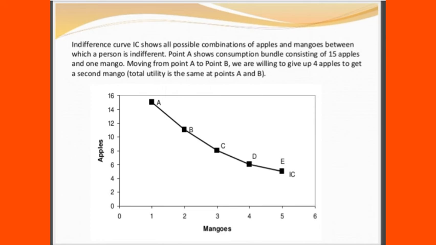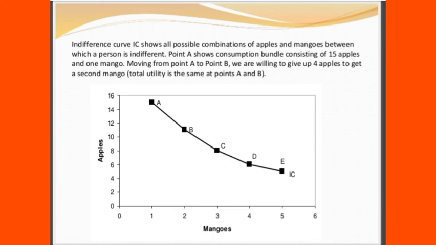Next, here we can see combination B. It is 11 units of apples and 2 units of mangoes. So here we have foregone 4 apples to get 1 additional unit of mango.